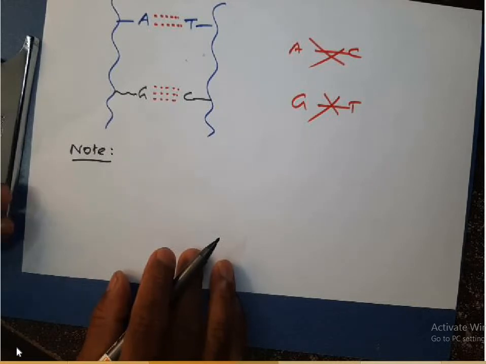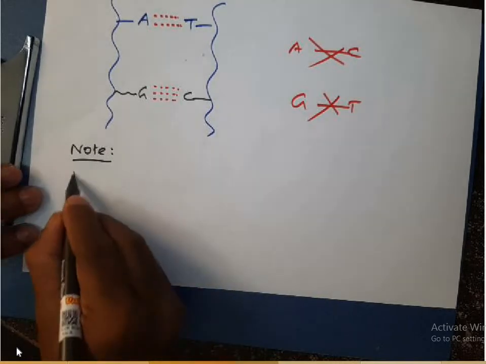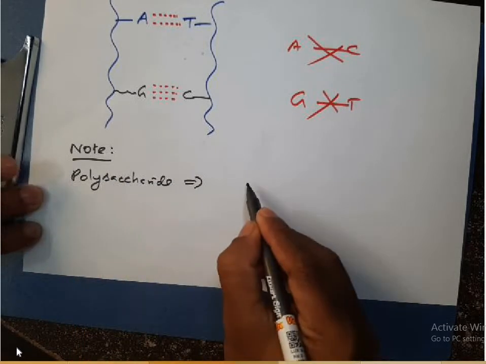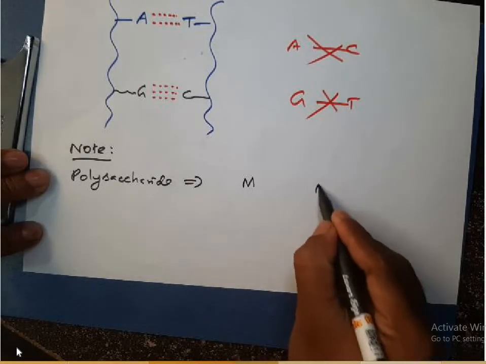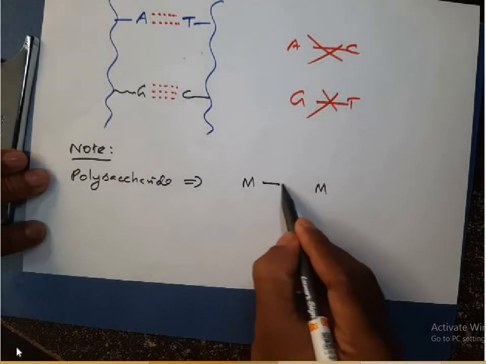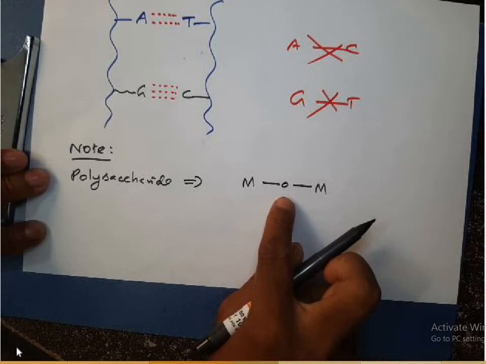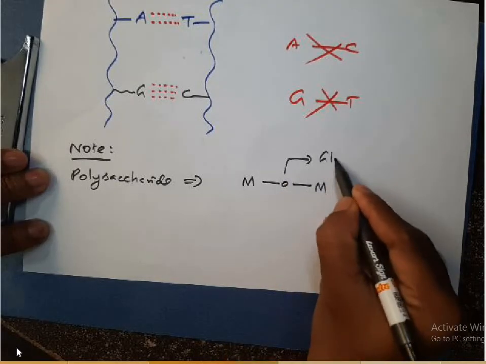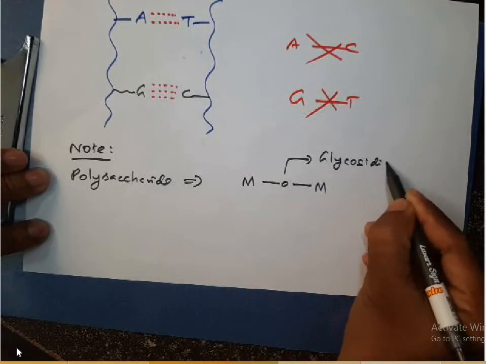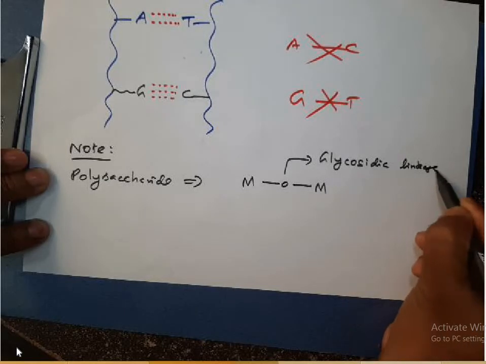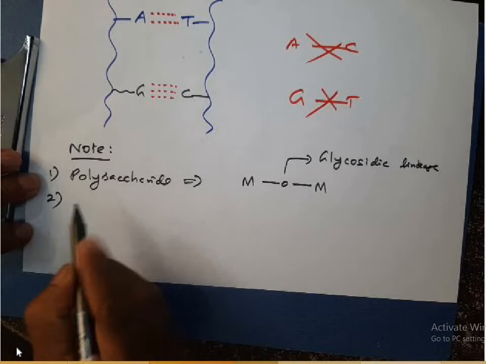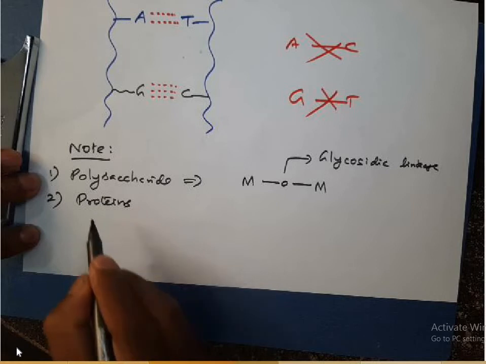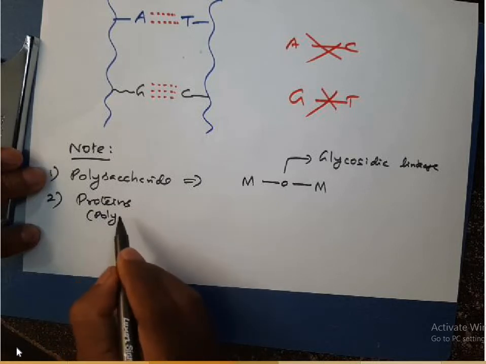Under carbohydrates, very specifically polysaccharides, in a polysaccharide, one monosaccharide and another monosaccharide are joined together through an ether linkage. This ether linkage is what we call a glycosidic linkage. Whereas proteins are polypeptides.